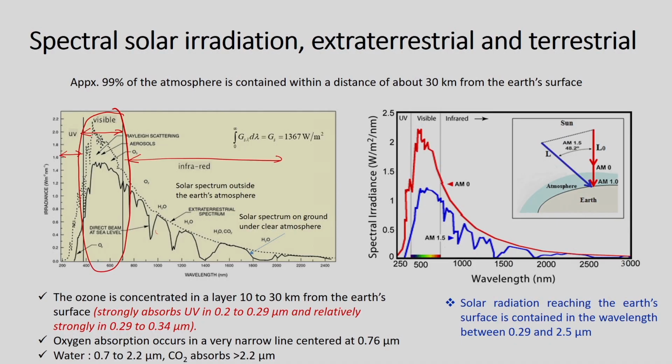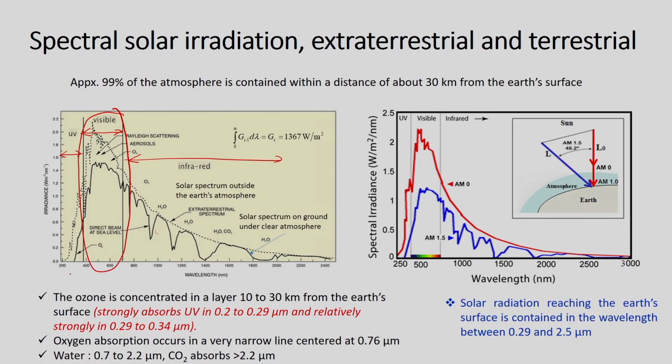Ozone is concentrated in a layer 10 to 30 kilometers from the earth's surface, and it strongly absorbs UV rays in the wavelength of 0.2 to 0.29 micron and relatively strongly in 0.29 to 0.34 micron.